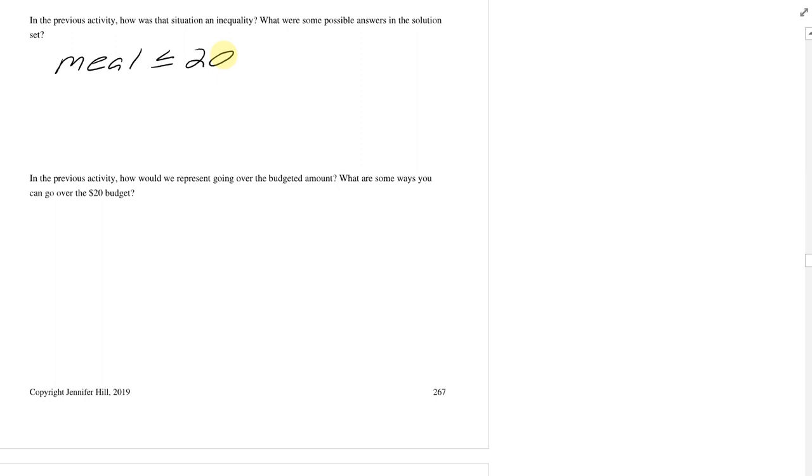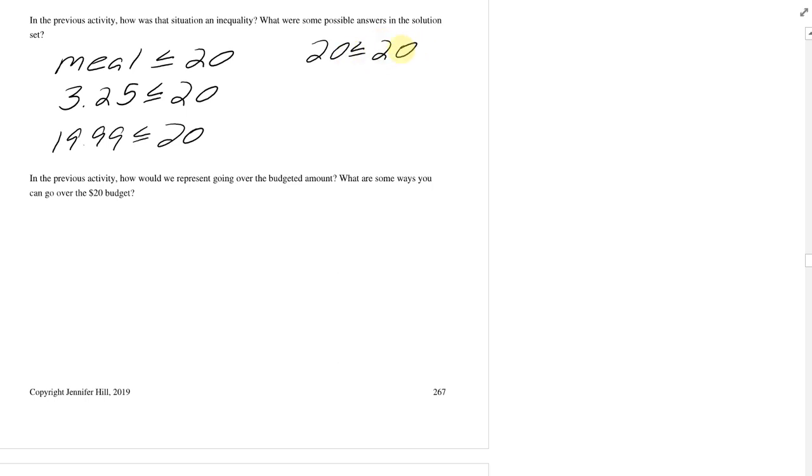I'm not looking at the menu right now, but if I wanted to spend as little as possible, that would be a totally acceptable solution if I spent $3.25 on my meal. Or if I spent $19.99 on my meal, that would be totally fine. Even if I spent $20, that would still be fine in that example.